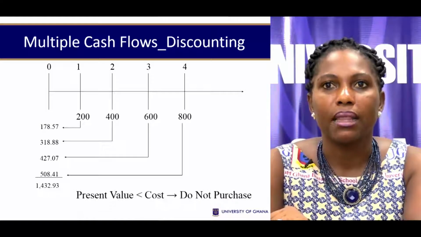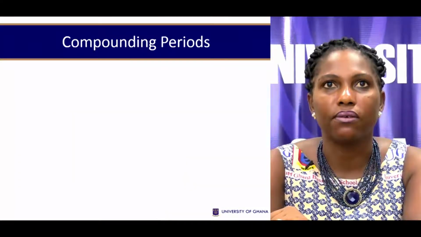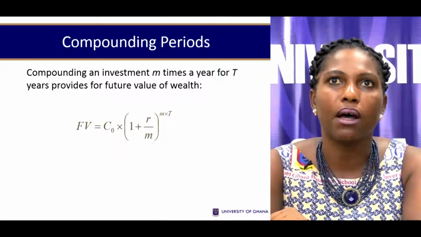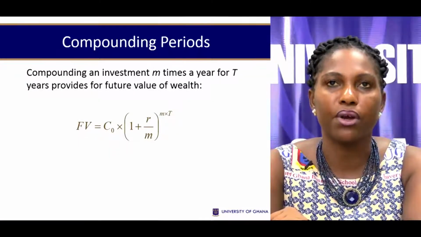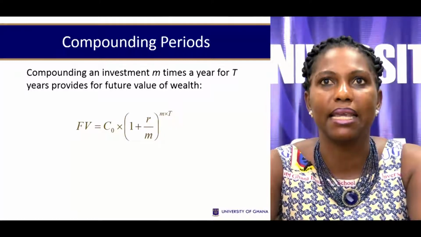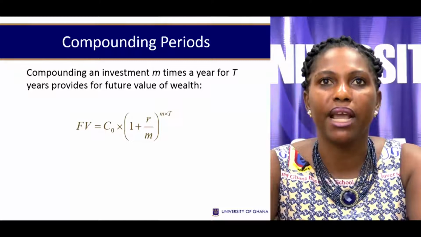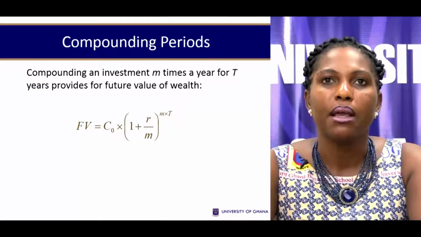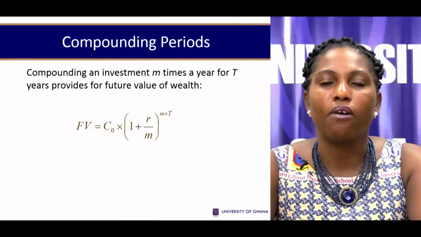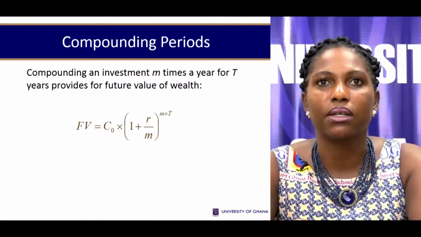Now that's for the discounting of multiple cash flows. Now if you have to compound over multiple periods, more than once a year, then we divide the rates, which are normally quoted per annum, by the frequency of computation of interest, which is the frequency of compounding.